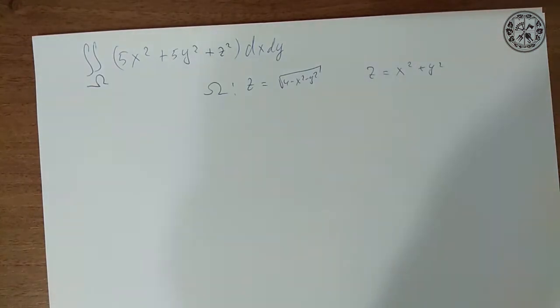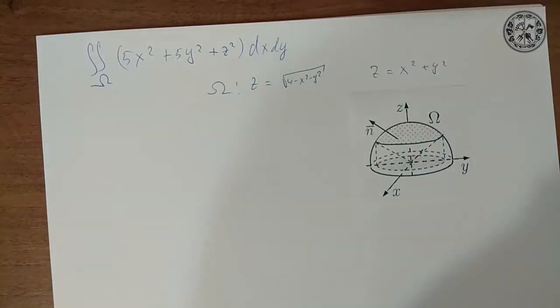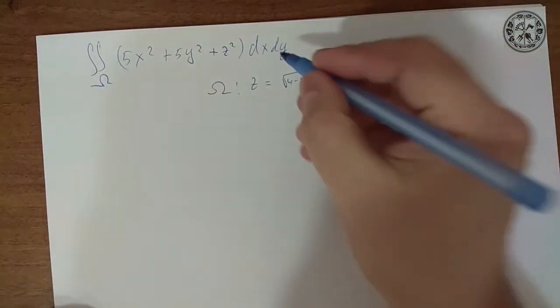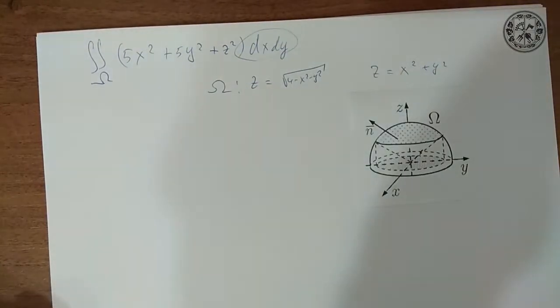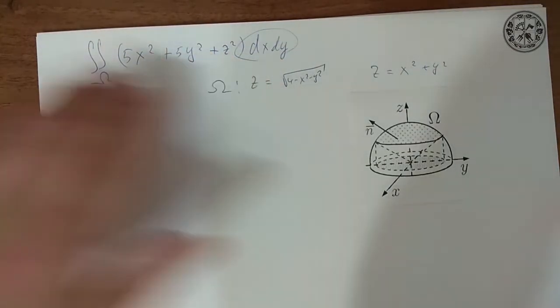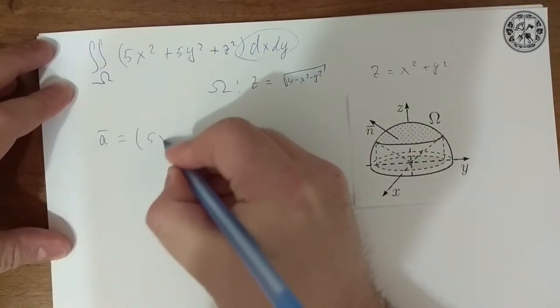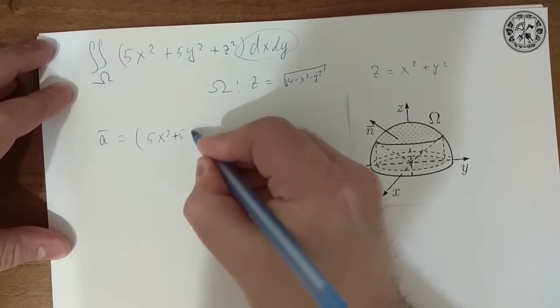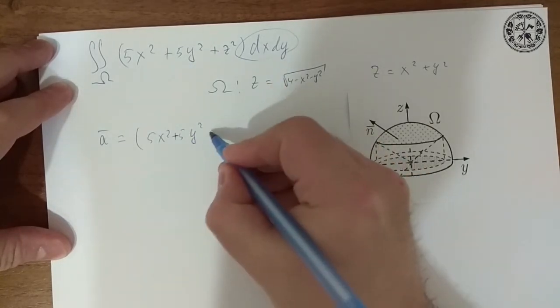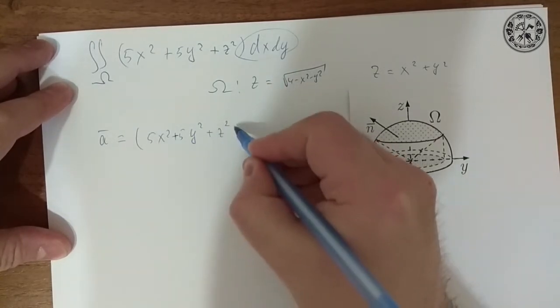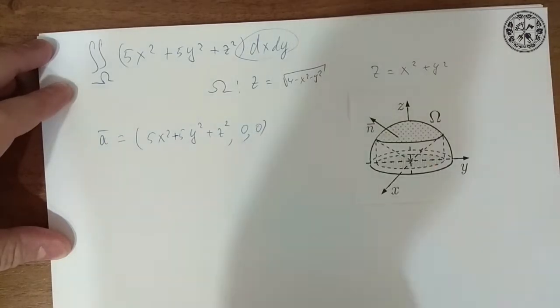We'll get something like that. If we have only one part of this integral, so actually this will be something like a equals 5x squared plus 5y squared plus z squared, 0 0.